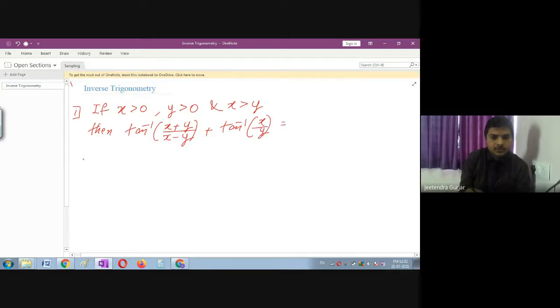They will give you four options. First option minus pi by 4, second option pi by 4, third option 3 pi by 4, and the last option none of the above.